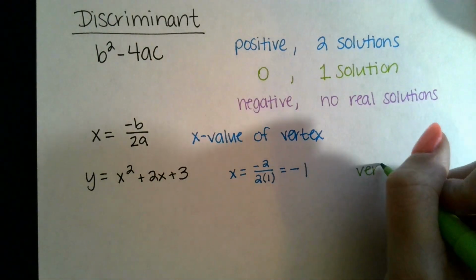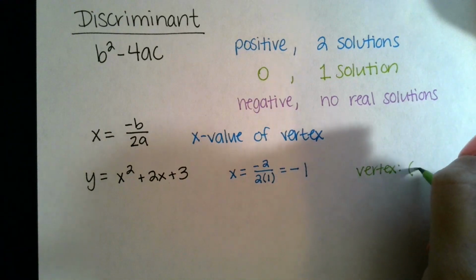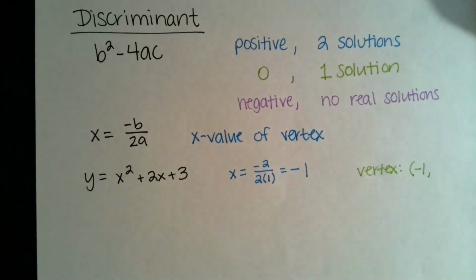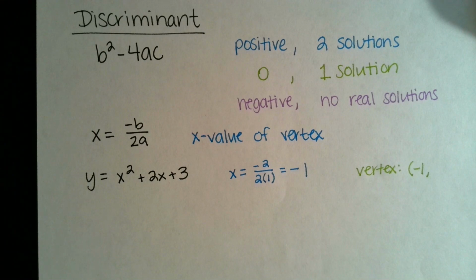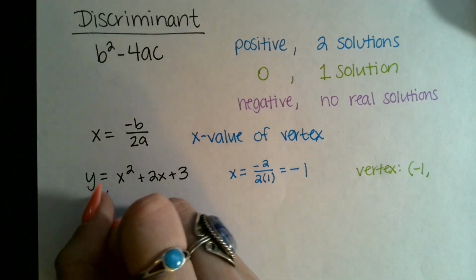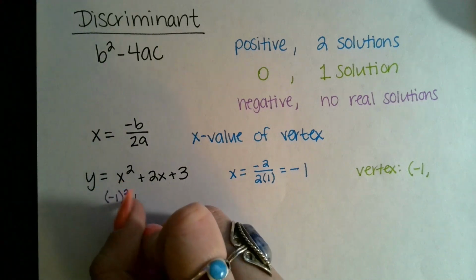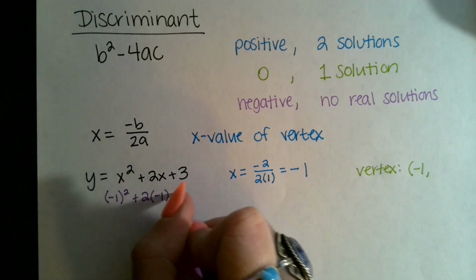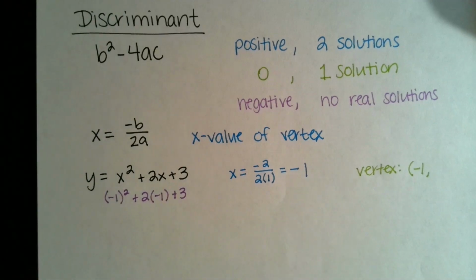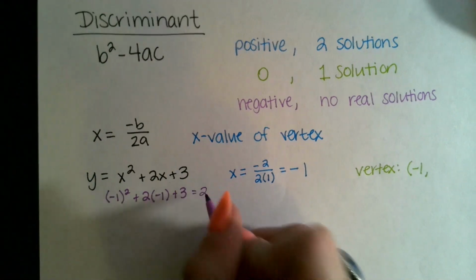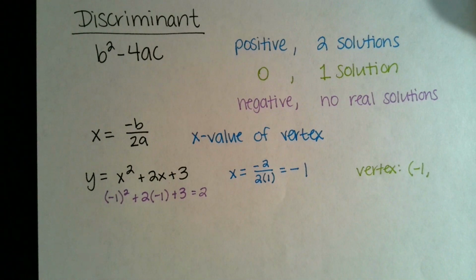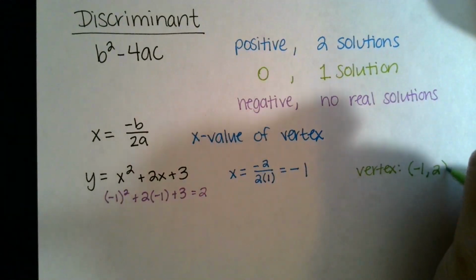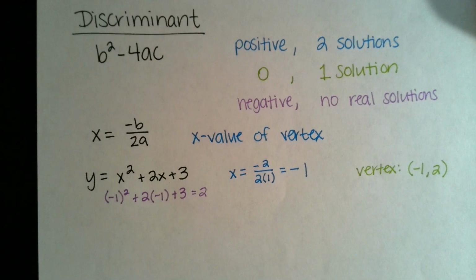is negative 1. So my vertex is negative 1, comma, I don't know yet. How do I find the y value of the vertex? Plug it in. So x is negative 1. We get negative 1 squared plus 2 times negative 1 plus 3. You can do it in your head, except 1 minus 2 is negative 1 plus 3 is 2. So the vertex is at negative 1, comma 2.